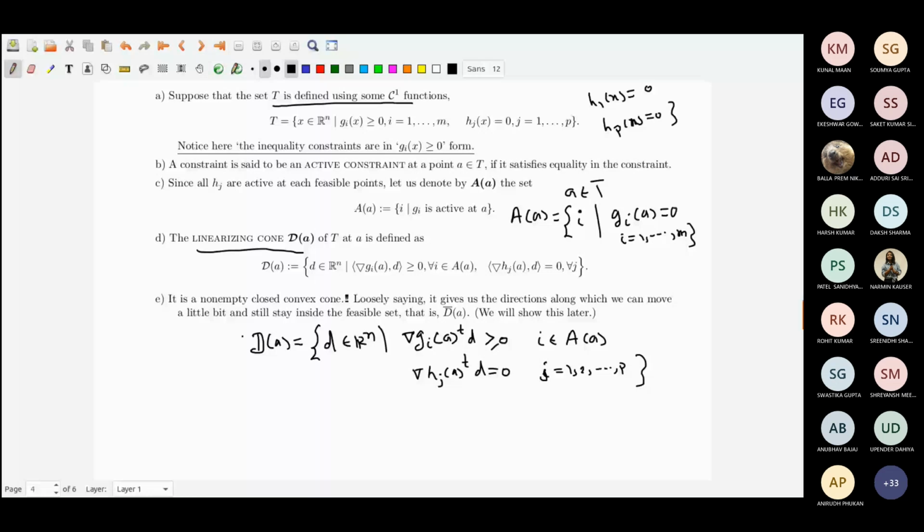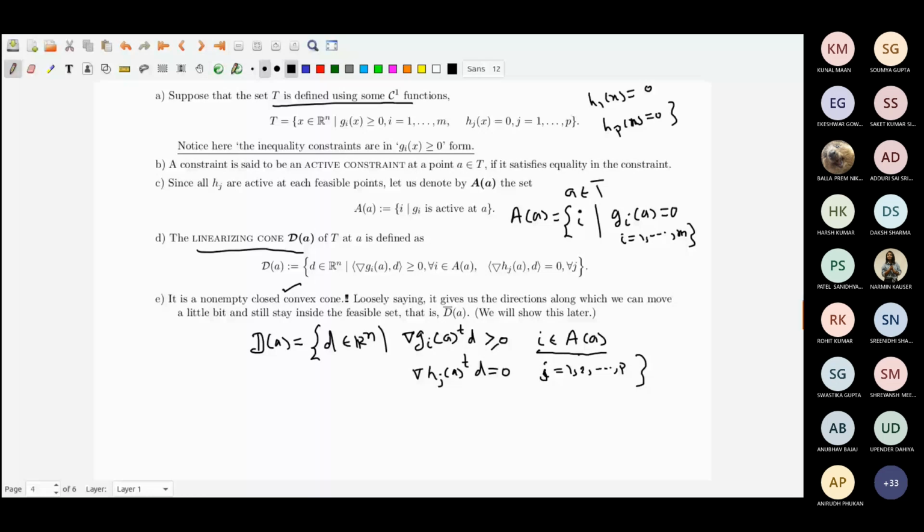What is it? Now look, what are these i? Now i is standing for those constraints which are active. Active means what? Now Gi(A) is 0, and you are trying to find out a d such that grad Gi transpose d is greater than equal to 0. Essentially what you are trying to do is go in a direction d where you expect this Gi to increase.